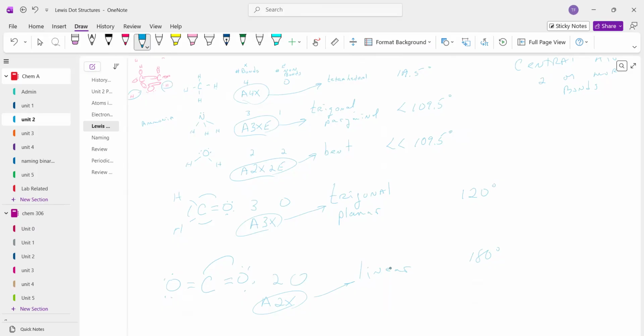Basically, it's like this, 1 bond, 2 bonds. It's because it's the same group. In this part, we're counting groups, not bonds.